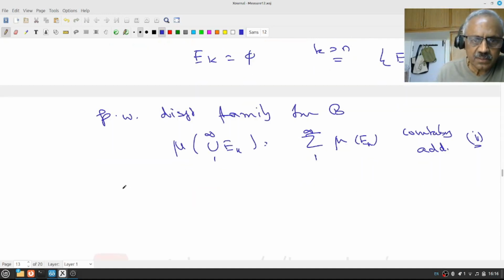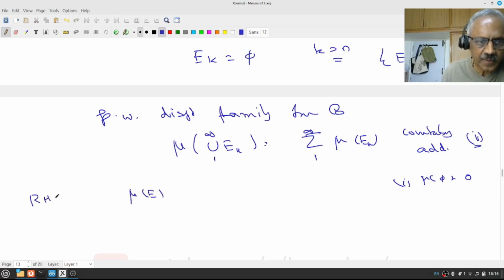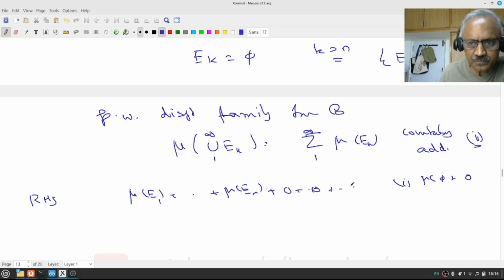Now, since the first property says mu of the empty set is 0, the right hand side is mu of E1 plus up to mu of En. I don't know what they are, but after that everything is 0 plus 0 plus 0. Therefore this is nothing other than mu of E1 plus up to mu of En.